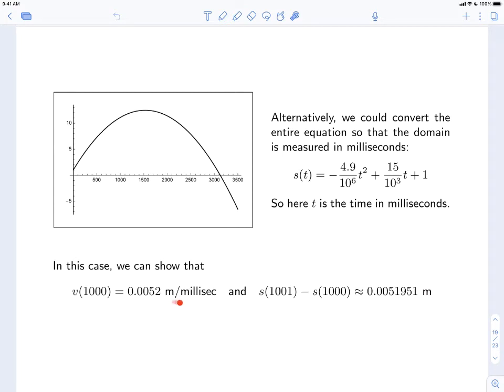The units are different, but that's because we're looking at velocity over 1 unit of time. So the velocity here is 0.0052 meters per millisecond, and we're imagining traveling at that velocity for 1 millisecond. So the distance traveled over 1 millisecond at this velocity would be 0.0052 meters. And that's approximately what we have as the actual change.